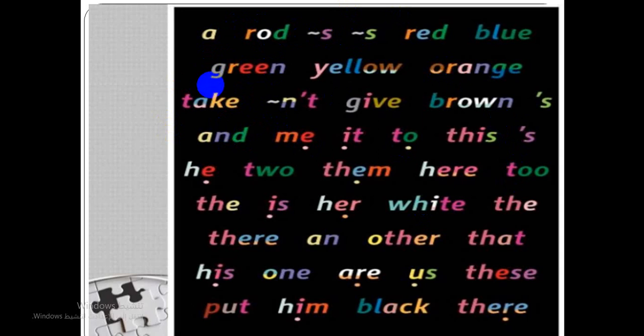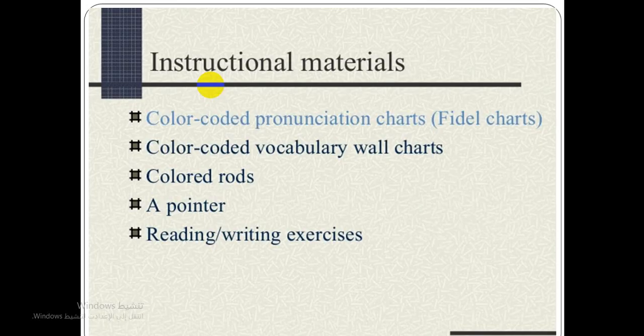Here we have some examples of instructional materials such as color-coded pronunciation charts, Fidel charts, color-coded vocabulary word charts, colored rods, a pointer, and reading and writing exercises or drills.